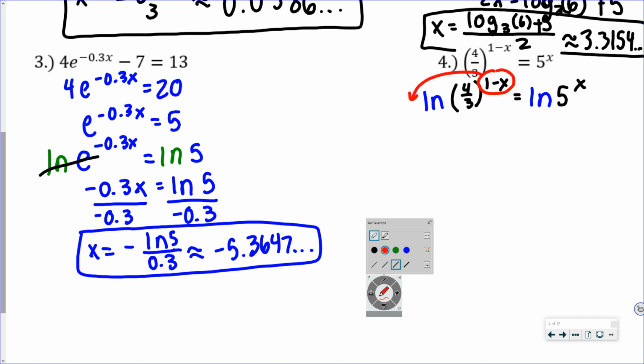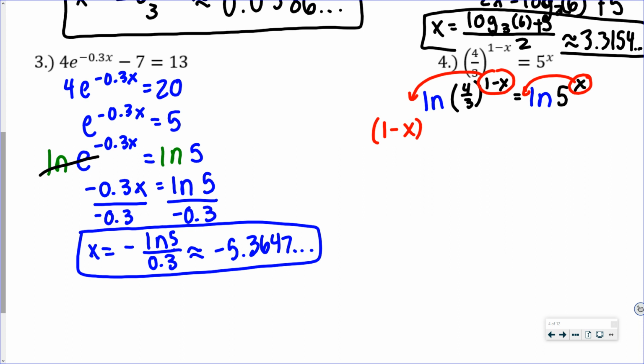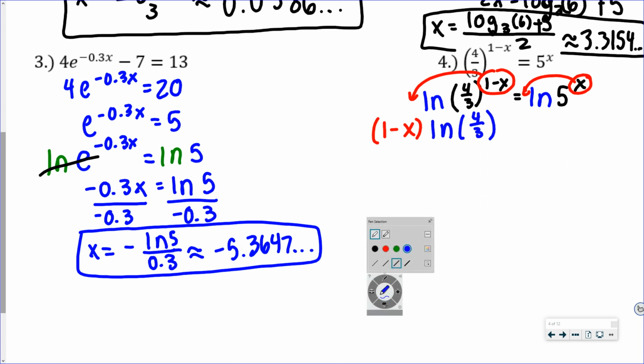And so can this. So I have 1 minus x times the natural log of 4/3, and then I have x times the natural log of 5.